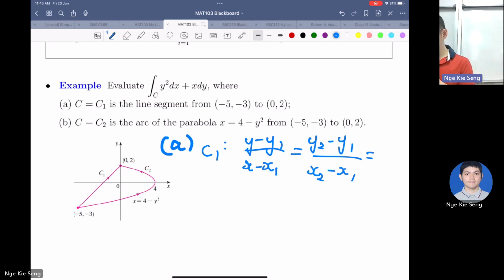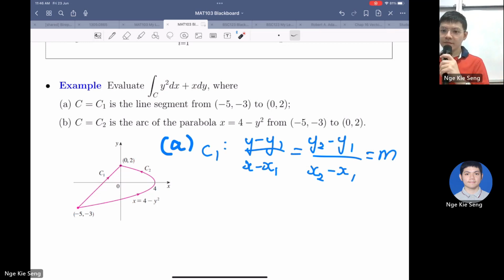The right hand side here is the gradient, we call it m. You have 2 points, so you can plug them in and find the line. So what's the line here? You need to be careful, because this line has a direction. You need to start with -5, -3, and then end with 0, 2. So you need to be careful here.